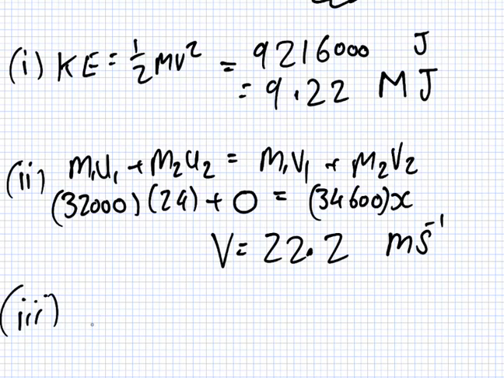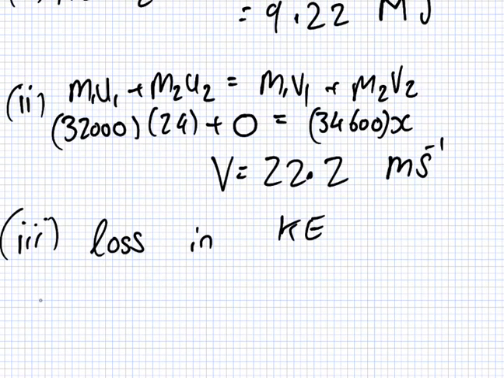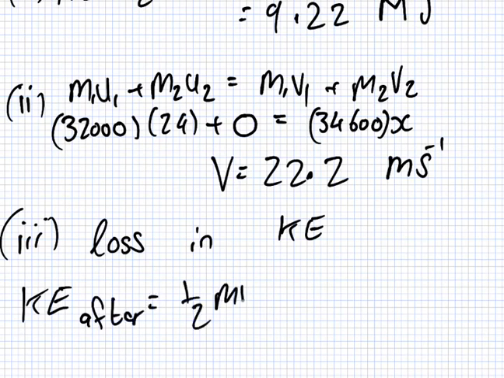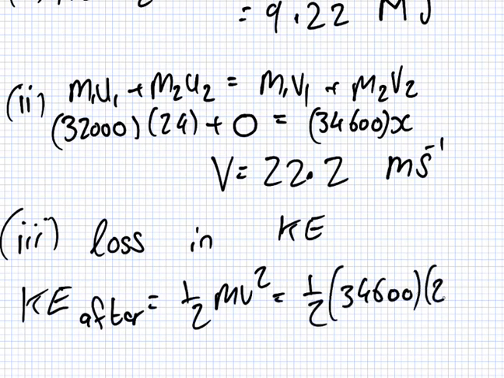Part 3 is they want the loss in kinetic energy. That means I should work out what is the kinetic energy after. Again, a half mv squared, but this time it'd be a half times 34,600 times 22.2 squared after collision.